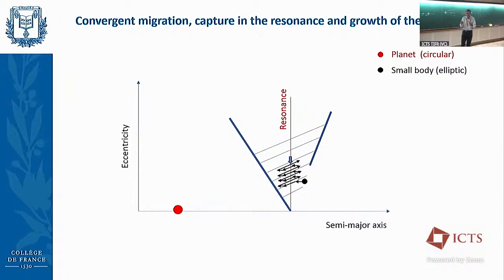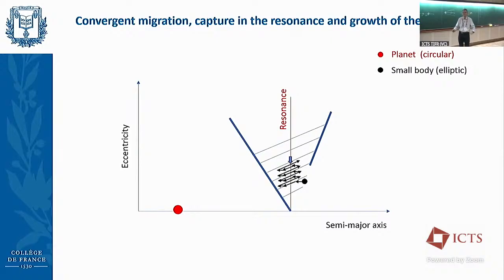But then you have a competition between the eccentricity rise, that is the migration converted by the resonance, and the eccentricity damping that the disk exerts on the planet directly. And because the eccentricity damping from the disk is proportional to the eccentricity, the eccentricity damping was minus E over tau E, you know, the more eccentric the planet becomes, the stronger this damping force is.